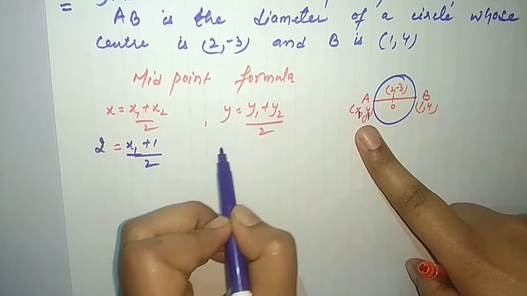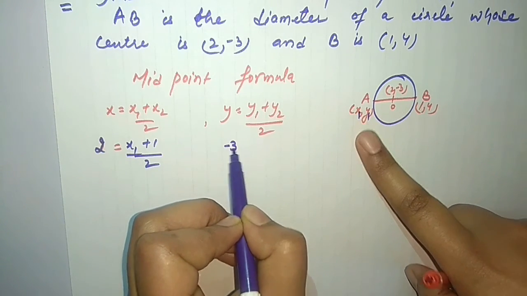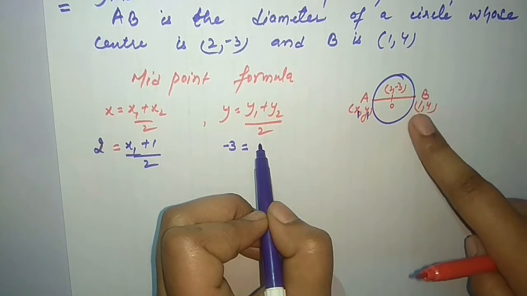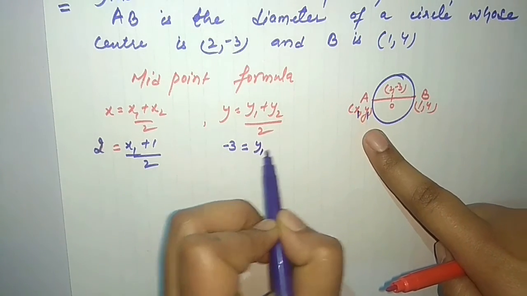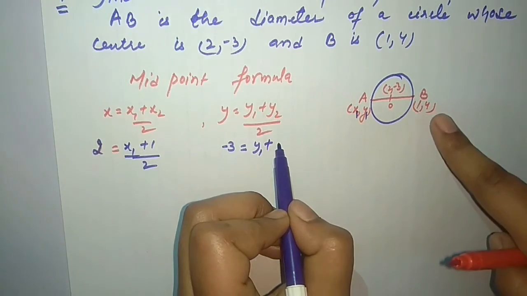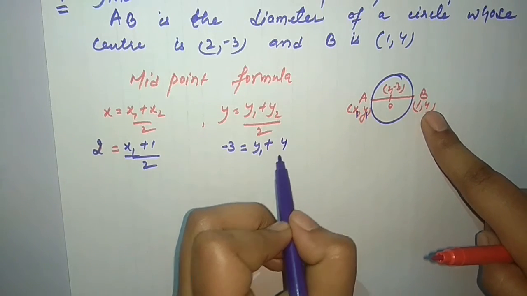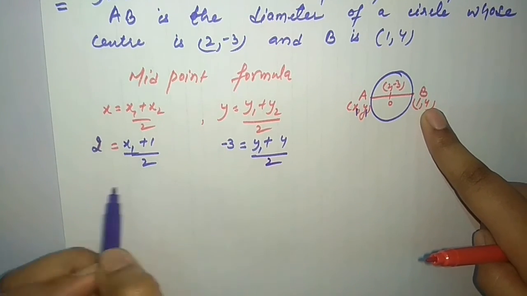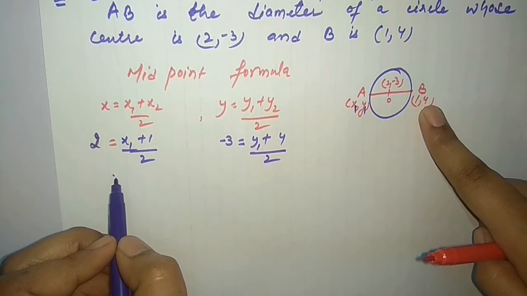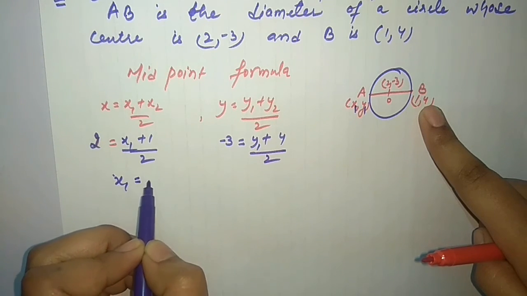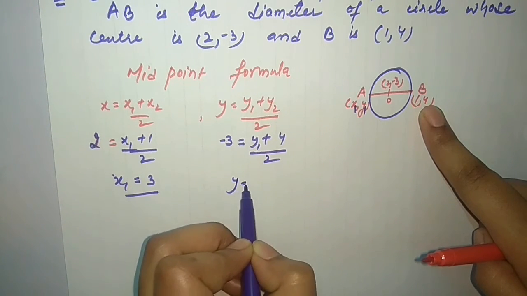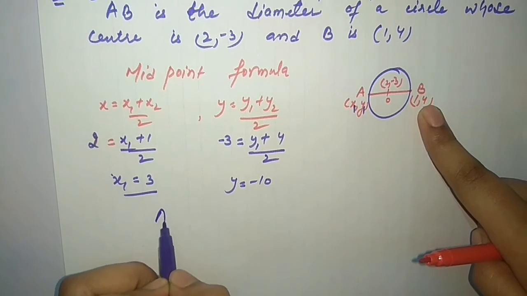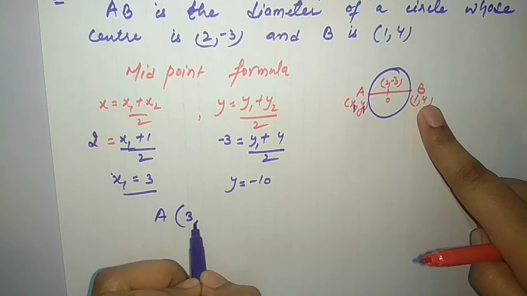Now y is -3, y1 we need to find, so write it as it is, and y2 is 4, upon 2. Then on solving, we get x1 is equal to 3 and y1 is equal to -10. So A has coordinates (3, -10).